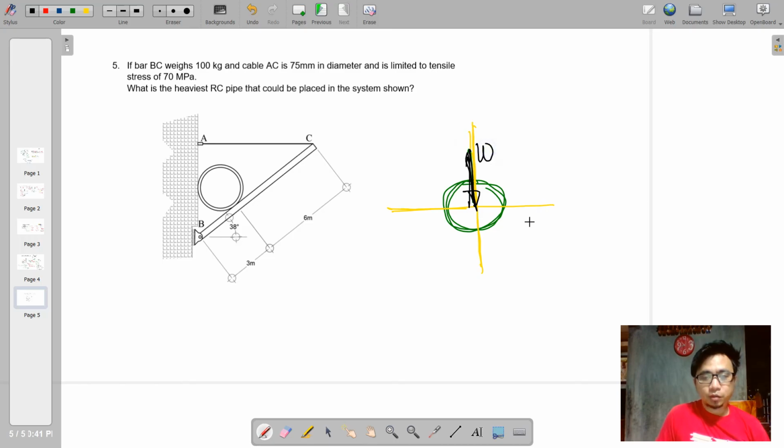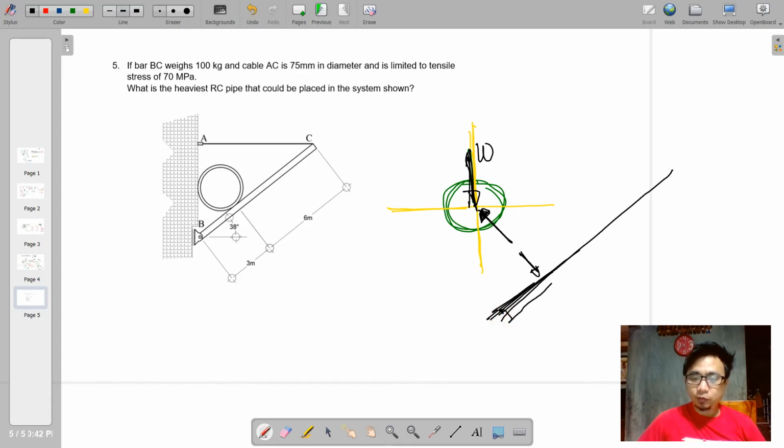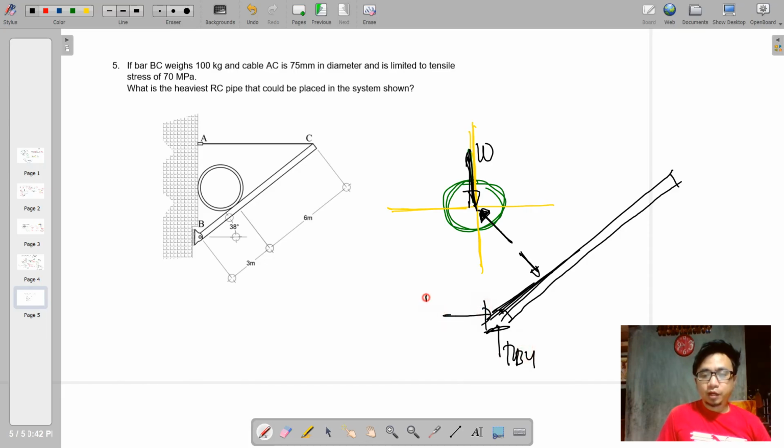Say this has a weight, it is actually unknown, and then of course the reaction of the bar towards the cylinder, and then this reaction will be transferred to the bar because they are actually pushing each other. Say this is the bar, and then from that we have here RBY and a value for RBX.